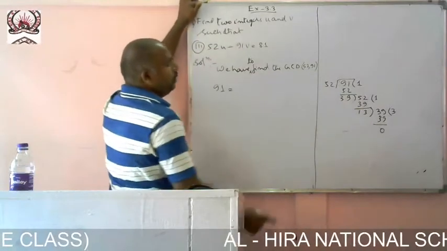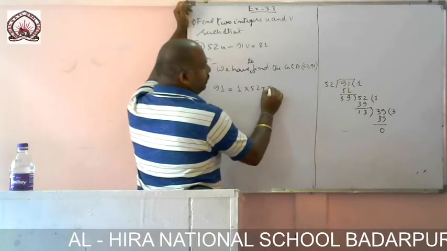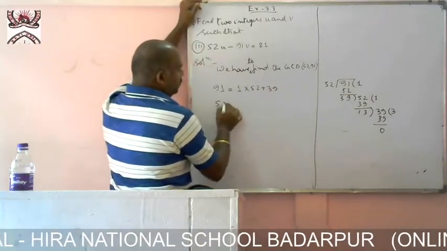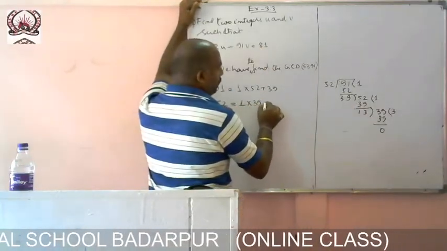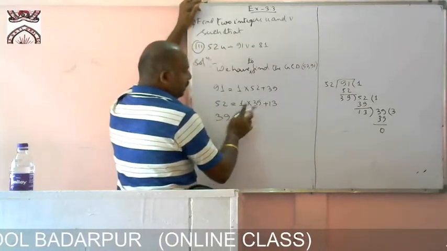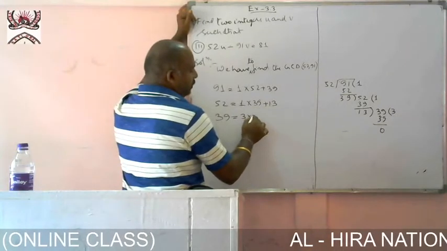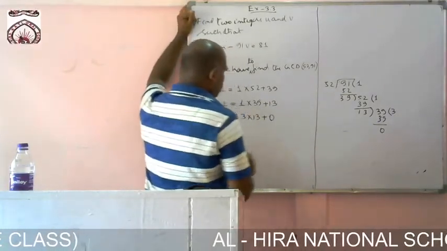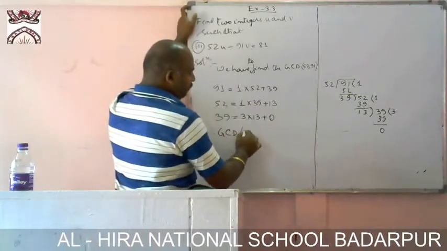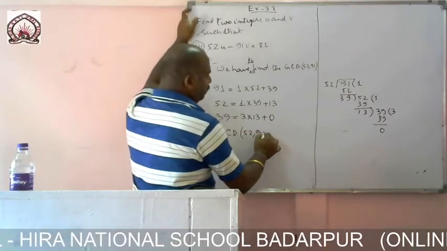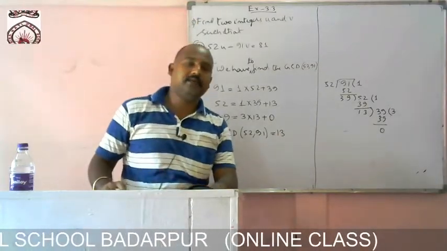So 91 equals 1 into 52 plus 39, 52 equals 1 into 39 plus 13, and 39 equals 3 into 13 plus 0. Therefore the GCD of 52 and 91 is equal to 13.